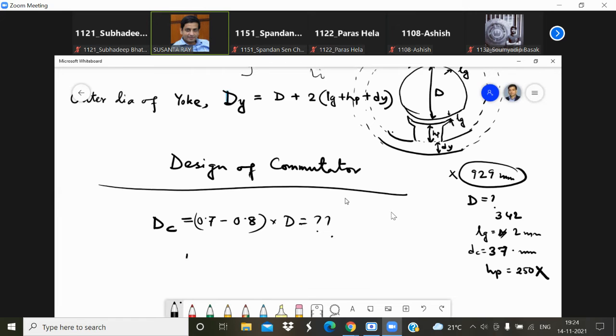Then you find out the commutator pitch, beta C. That you can calculate by pi into DC divided by number of coils or commutator segments.